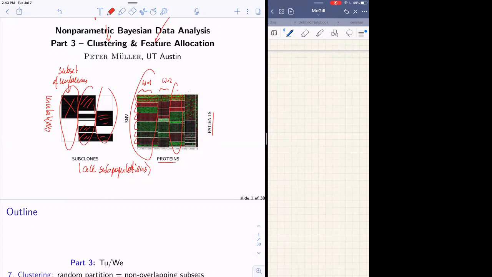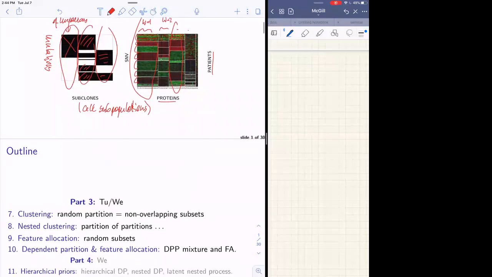Remember from yesterday, when we introduced the Dirichlet process mixtures, we already talked about how a Dirichlet process mixture implicitly induces a probability model on a partition. So for that reason, random partitions and random subsets are usually considered nonparametric Bayes. So that's it. Let's start talking about that.